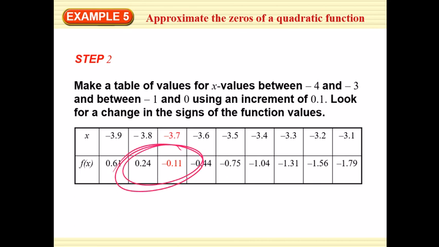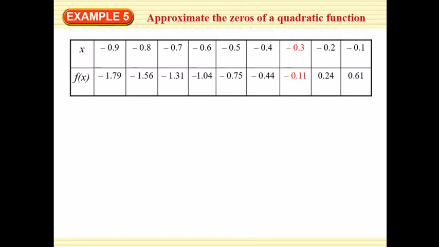So keep in mind the y value we're looking for is 0. So we're looking somewhere between a negative and a positive number. And we've got -3.7 highlighted because that is the x value that produces a y value closest to 0. And then we do it again for 0 to -1.